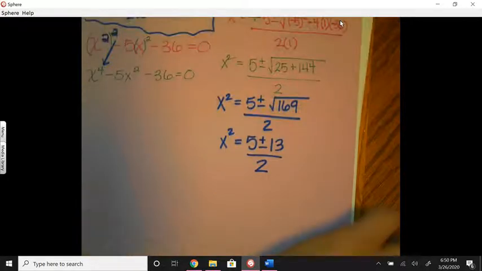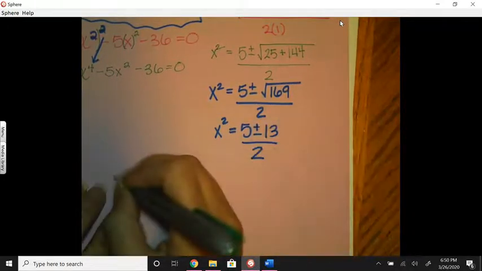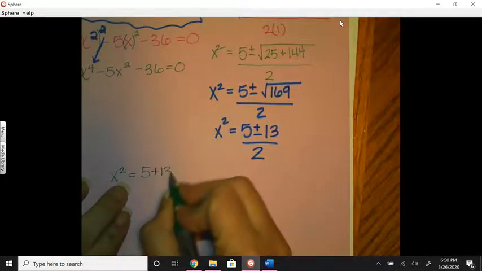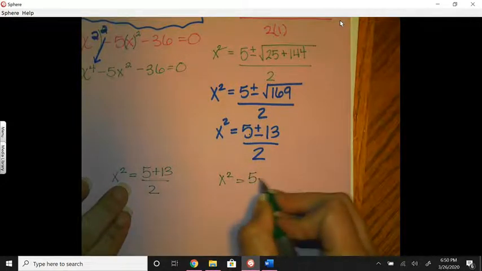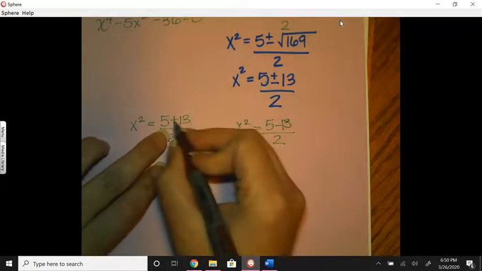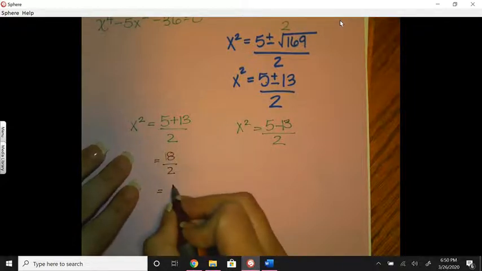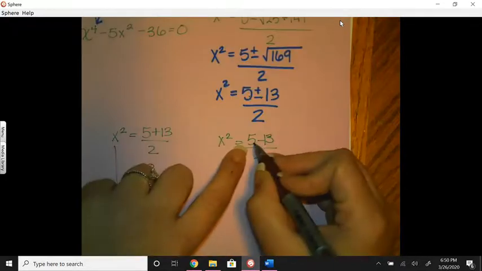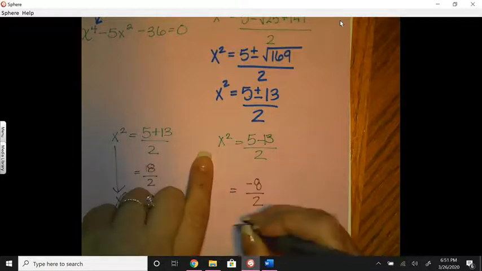Now to keep simplifying this, we would get x squared equals 5 plus 13 over 2, and then 5 minus 13 over 2. And then we keep going here. 5 plus 13 is 18. 18 divided by 2 is 9. And over here, 5 minus 13 is negative 8, divided by 2 is negative 4.